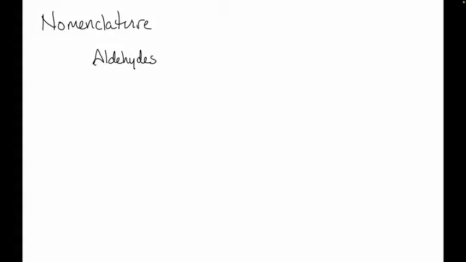And unfortunately, they are named differently. Aldehydes versus ketones. Aldehydes are going to have the suffix al, not to be confused with alcohols, which were ol. So aldehydes are al, and ketones are one.